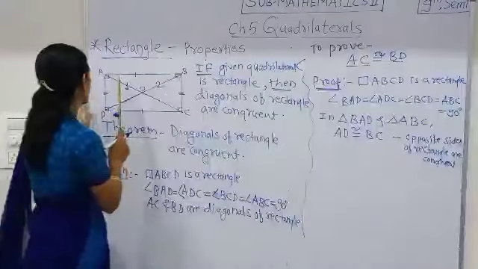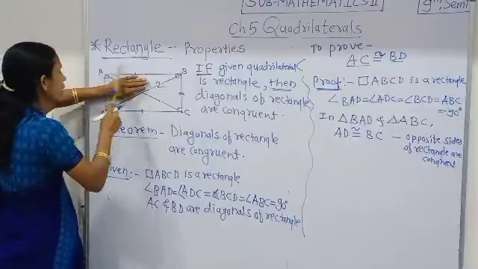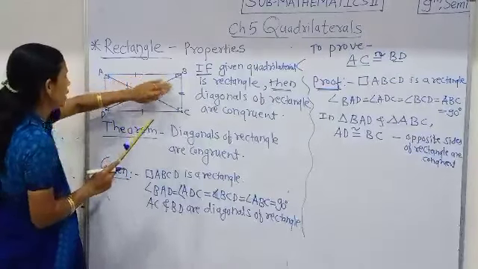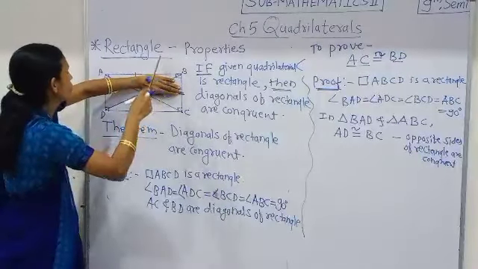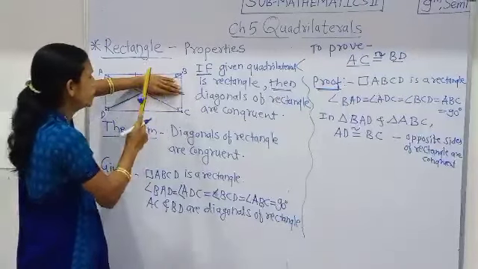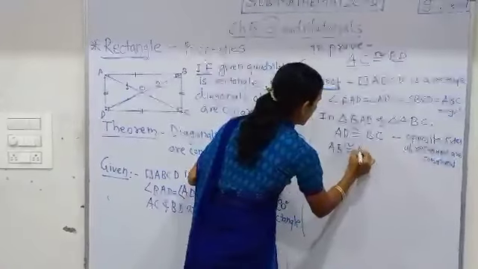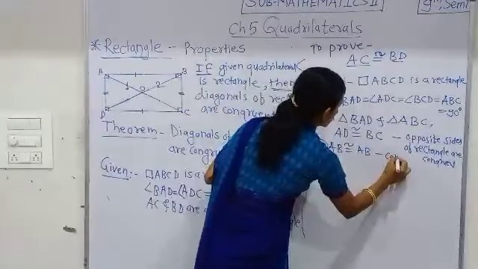Then see here, the AB side of this triangle and the AB side of this second triangle, that is triangle ABC, that means AB congruent AB, the common side.